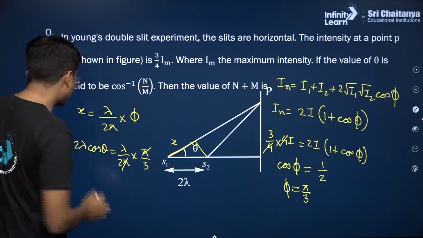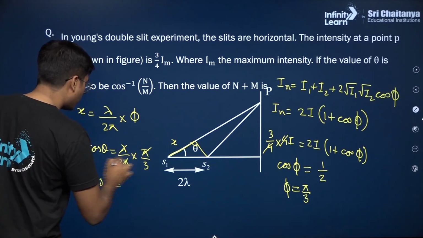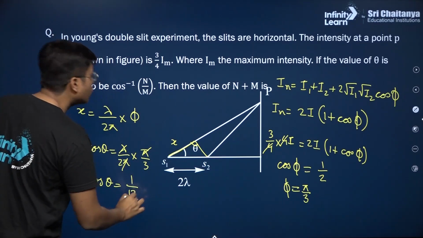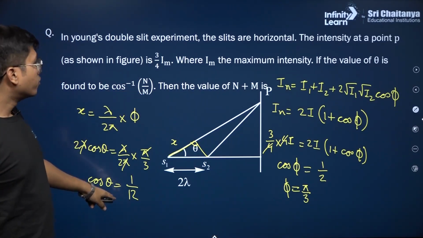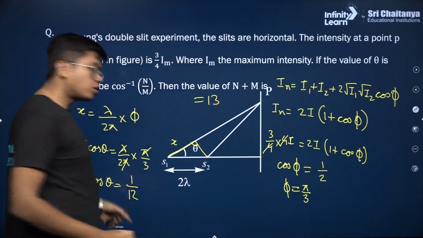Cancel out the pi's out here, cancel out the lambdas. Your cos theta is equal to, 2 into 2 into 3 goes down, that is 1 by 12. So your n is equal to 1, m is equal to 12, which means your n plus m is equal to 13. 1 plus 12, that is 13.